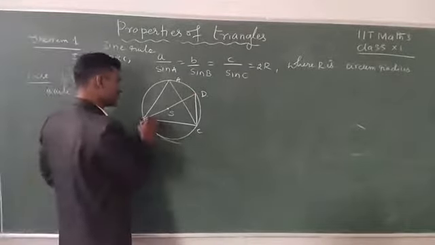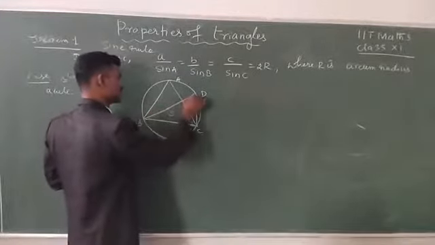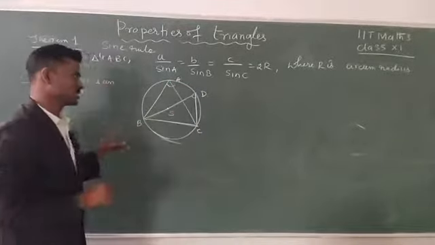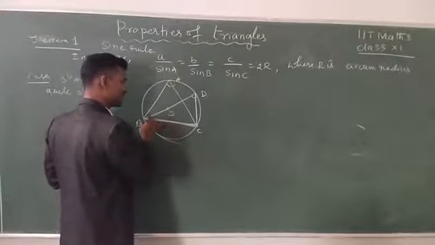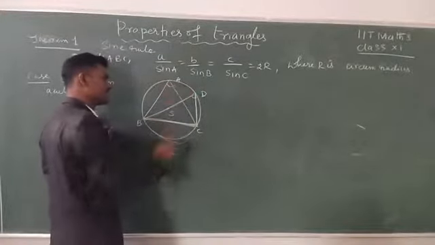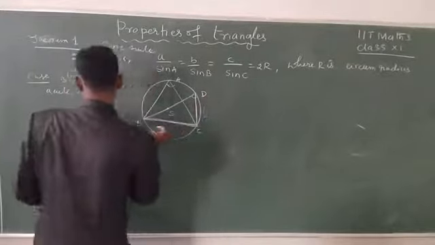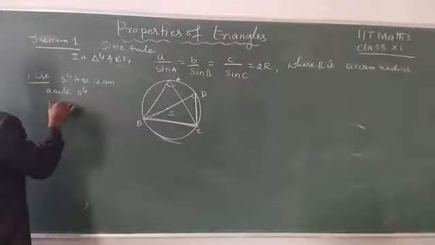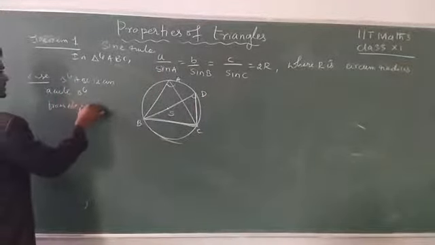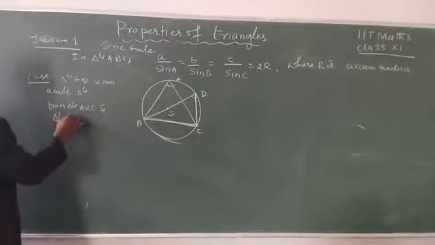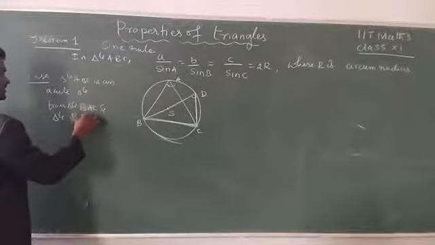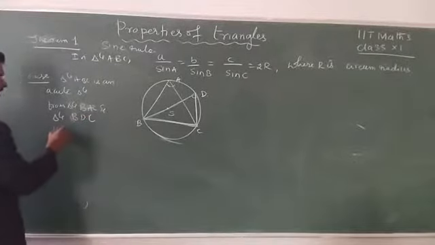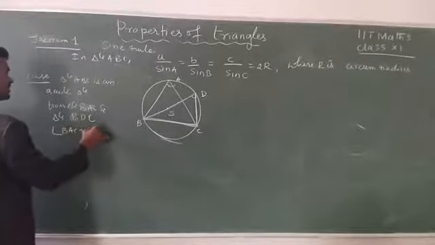The common base of these two triangles, that means these angles are both equal. You know the property: two triangles having the same base, then the subtended angles are equal. Now from triangle ABC and triangle BDC, here angle BAC is equal to angle BDC.